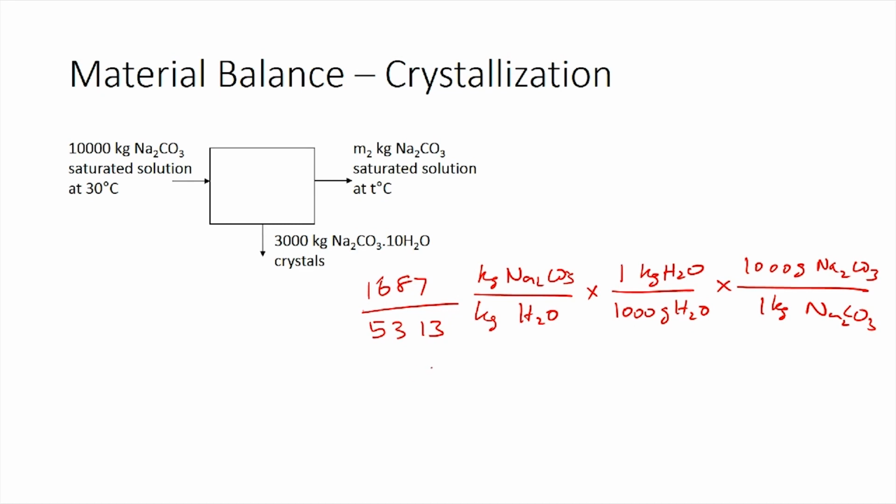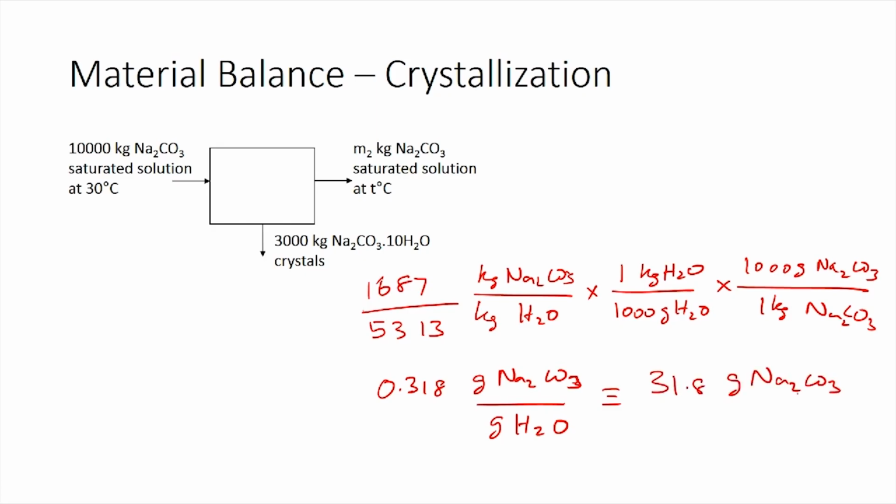That value would be 0.318 grams of Na2CO3 per gram of water. As we needed to calculate the amount of Na2CO3 dissolved in 100 grams of water, multiplying this with 100 would give you 31.8 grams of Na2CO3 dissolved in 100 grams of water.